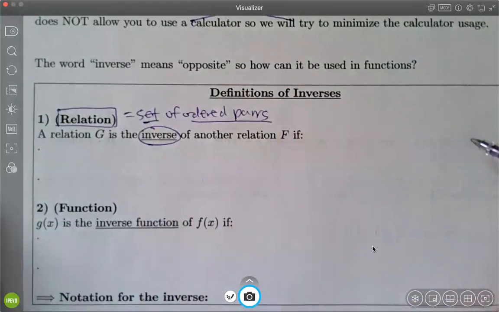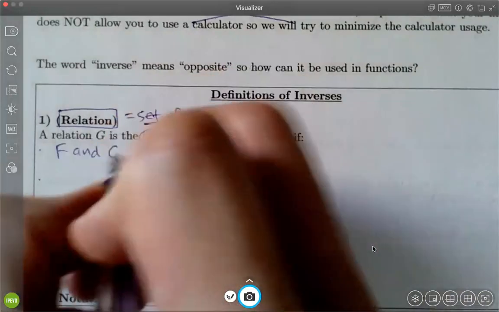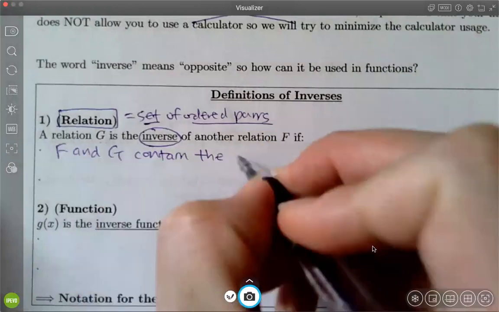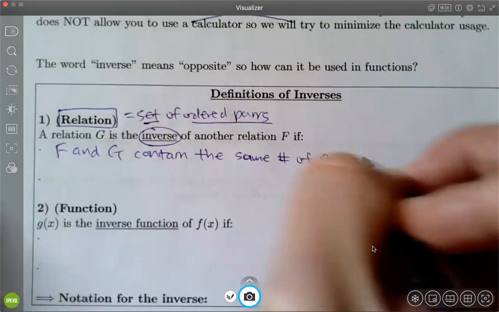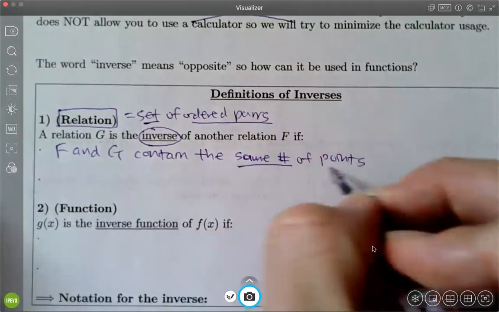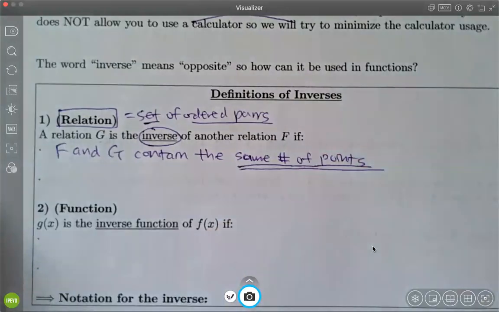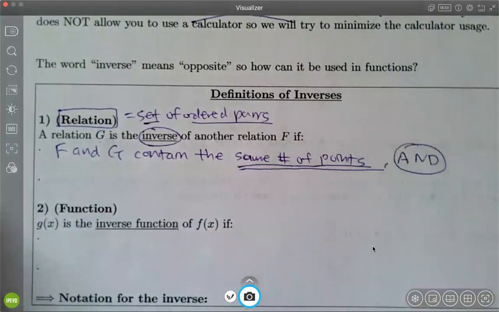Condition number one, F and G contain the same number of points. Okay, so the number of points in F and G must be the same, but that's not enough.